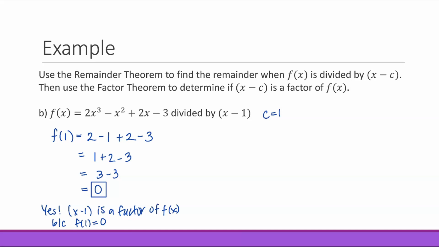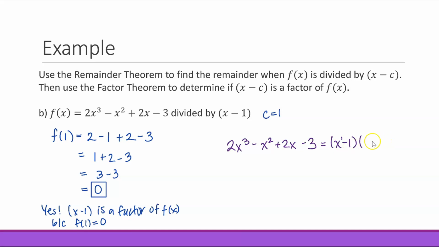So in other words, just to really clarify what we mean, we know that the function 2x cubed minus x squared plus 2x minus 3 will factor to x minus 1 times some other polynomial. Well, this is a first degree polynomial right here, right? X to the first.